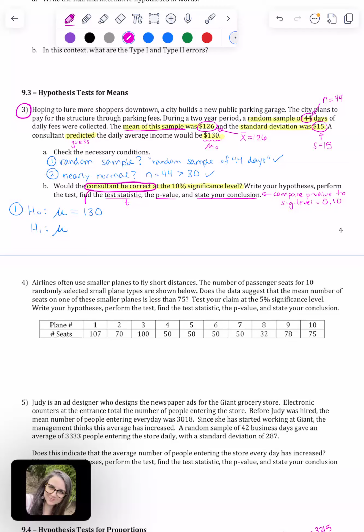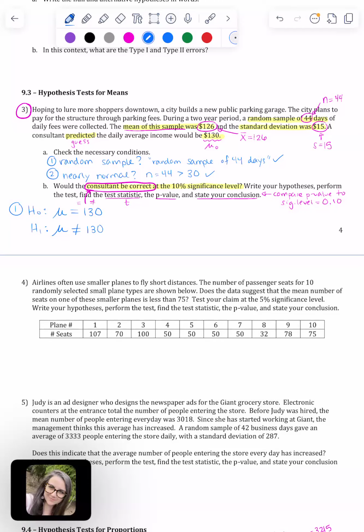So this is a little bit tricky, but I'm either correct, that would be equal to, or I'm incorrect, and that would be not equal to. So what we want to do is test that the mean does not equal $130. So the null hypothesis says the consultant is correct. The alternative hypothesis here says the consultant is incorrect. The average does not, in fact, equal $130.